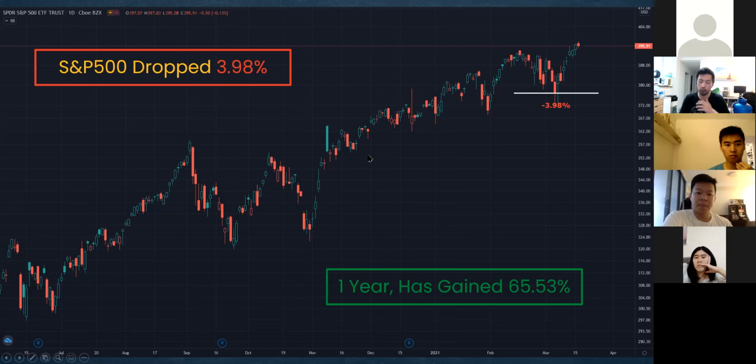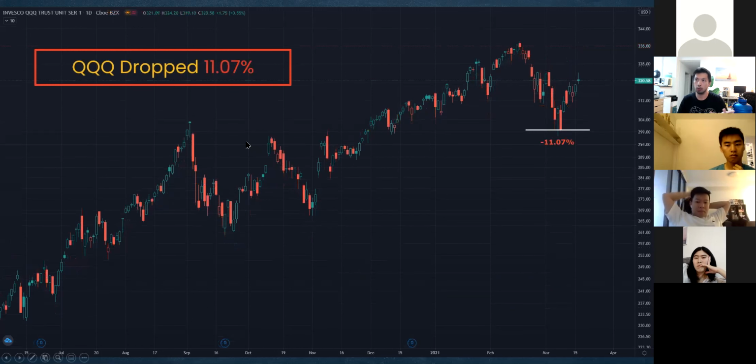All right, moving on to the news. In the past few weeks, the recent thing that heated up is more around the technology sector. This is the QQQ, which represents the top technology companies in the US, the majority listed on Nasdaq.